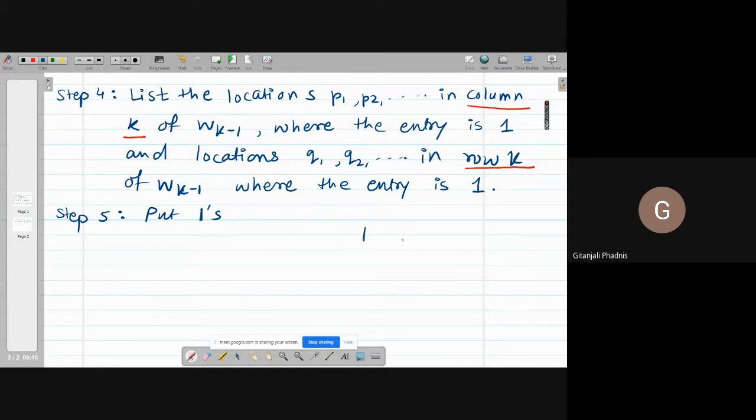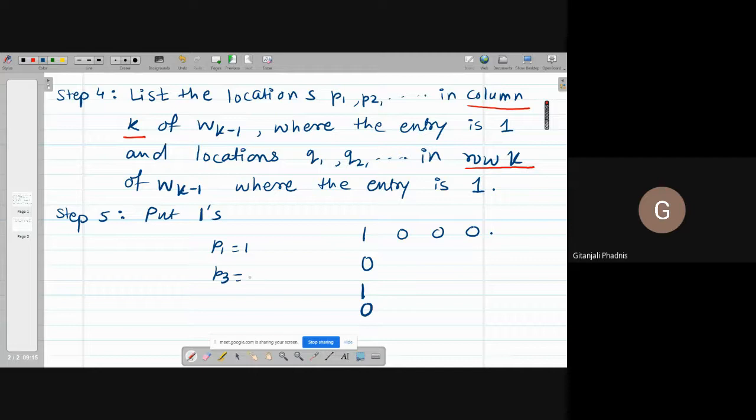Suppose this is your first row. My P values will be in the first column. Can you see the first column, girls? Where you find 1 in the first column, you find it in the first row and third row.